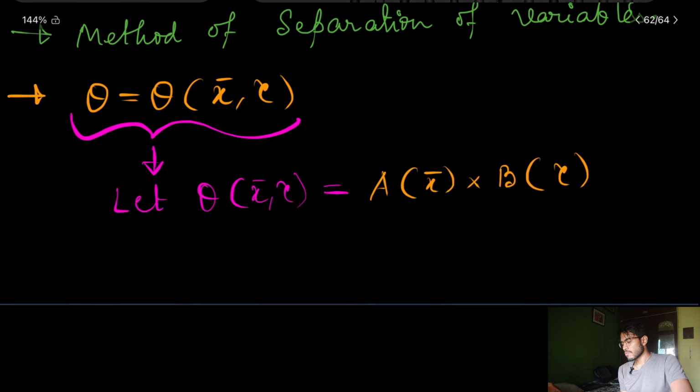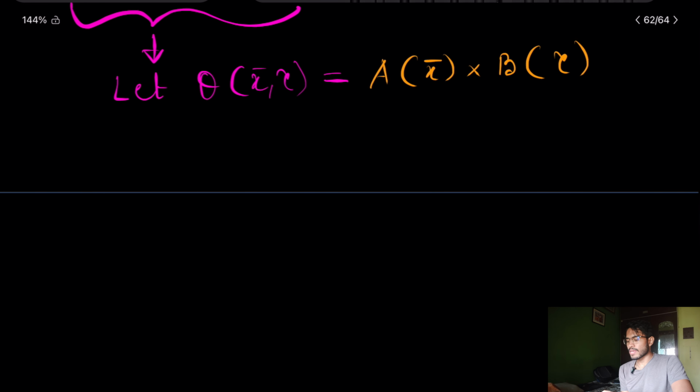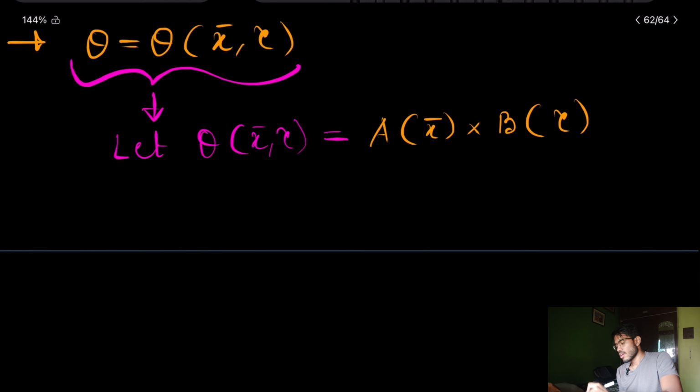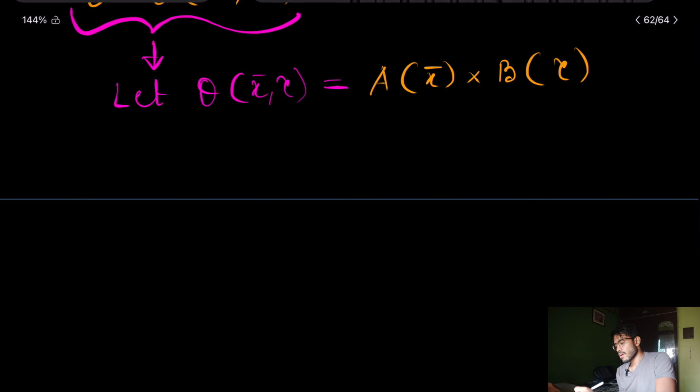But for the time being we are happy enough if we are able to solve this one-dimensional transient conduction equation. And for most of the problems in mechanical engineering which require the method of separation of variables, this kind of separation is more than enough. So let us proceed with this. This is the first step.